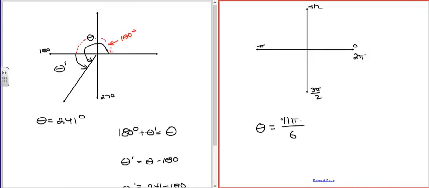Let's do another one here. 11 pi over 6. So I'm labeling the axis in radians instead of 90, 180, 270, 360, I go 0, pi over 2, pi, 3 pi over 2, 2 pi. So the question is, where does this fit? One way of doing it, if you have a hard time with fractions, would just be to do the decimal equivalent.